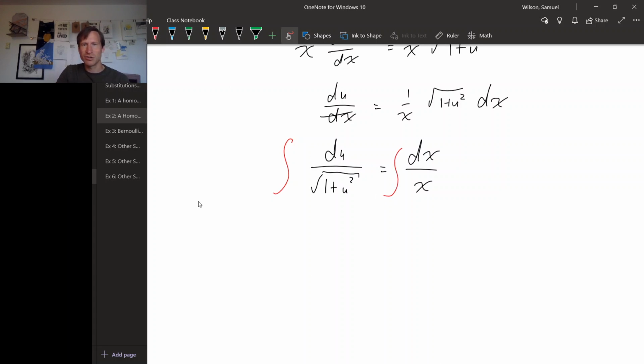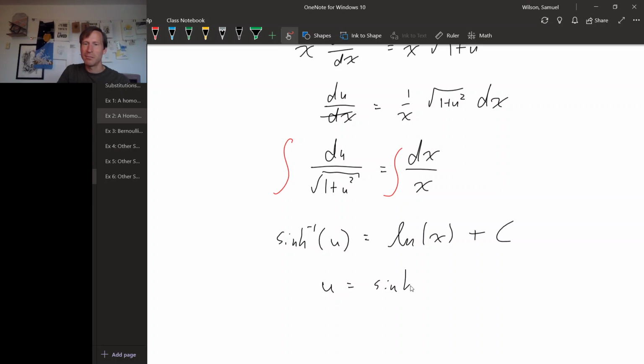On the left are integrals with respect to u, and the antiderivative of 1 over the square root of 1 plus u squared, you might not remember that one, but it turns out that it's arc hyperbolic sine, so it's inverse hyperbolic sine of u. And then on the right-hand side, that's natural log of x plus a constant, of course. Then to finish solving for u, just take hyperbolic sine of both sides.